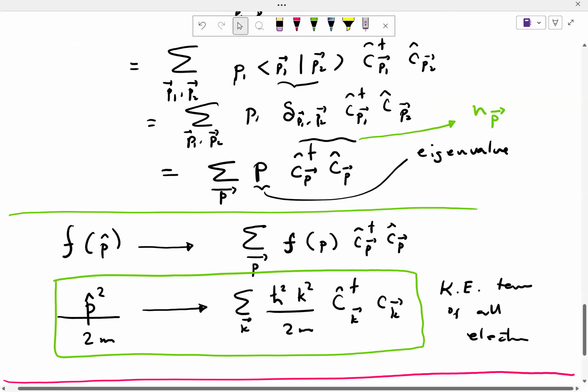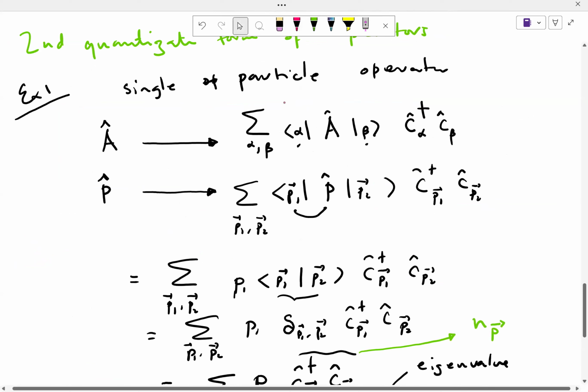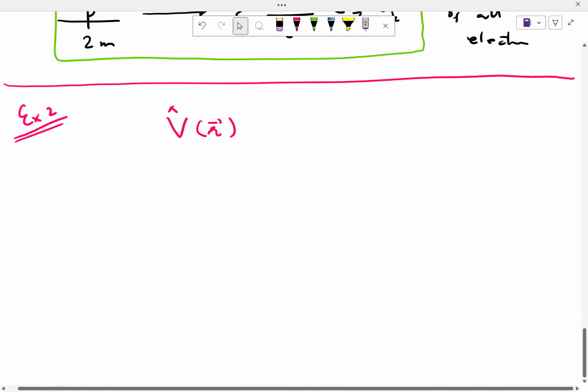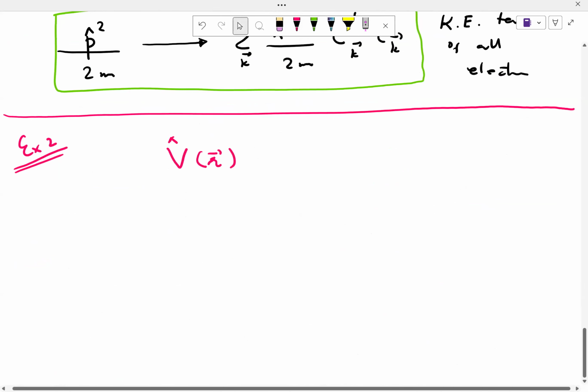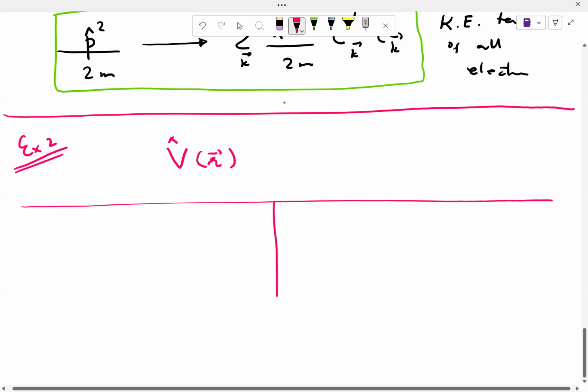My states alpha beta here can be in the real space, they can be in the momentum space. It doesn't really matter. So if I were to look at problems of this kind in which the operator is in the position representation, there are certain kind of definitions that will come to my rescue. So I need to toggle between the real space and the momentum space.